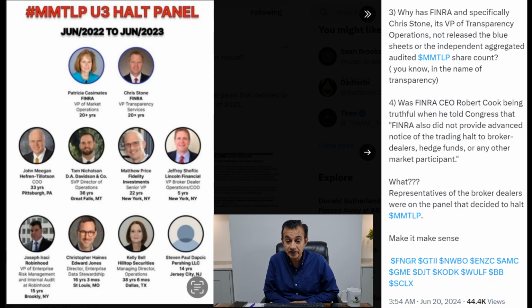Number 3, why did FINRA and specifically Chris Stone, its VP of Transparency Operations, not release the blue sheets or the independent aggregated audited MMTLP share count? Obviously that is something that we have been asking for, and I know in the FOIA request it was blue sheeted.